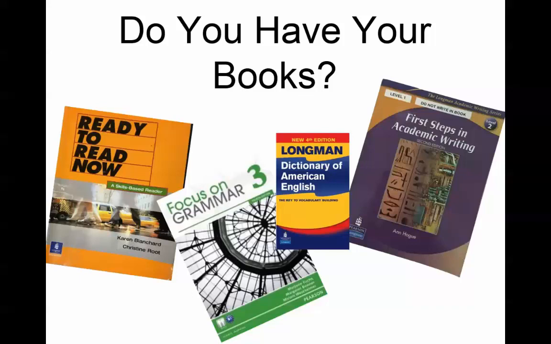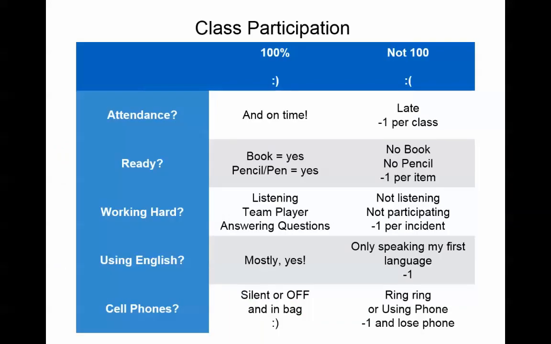Okay, next I want to talk a little bit about class participation. This is very important in the AECI program. You'll see that the way that I calculate class participation is I look at attendance, if you're ready to work in class, if you are working in class, if you're using English, and if you're not using your cell phone.